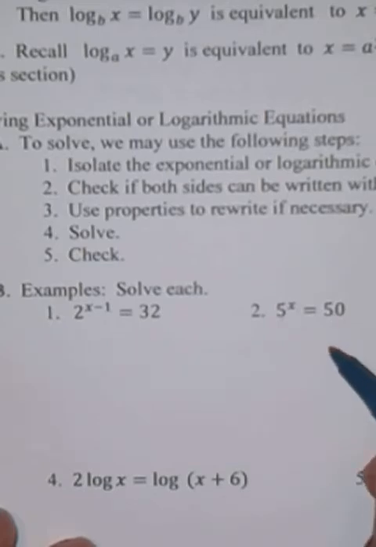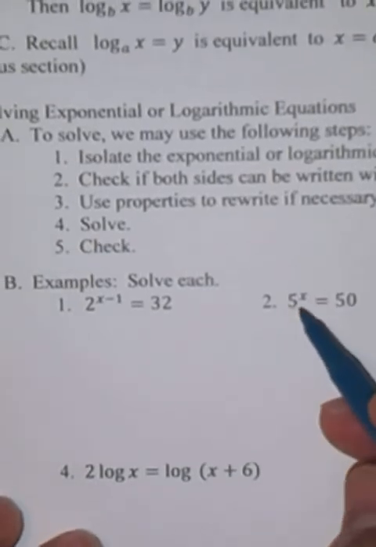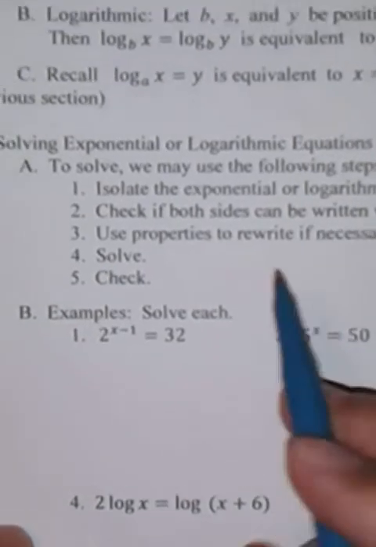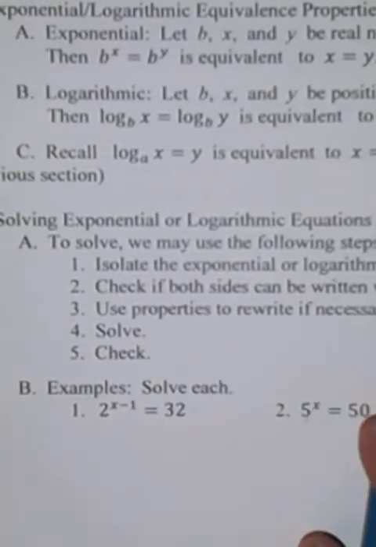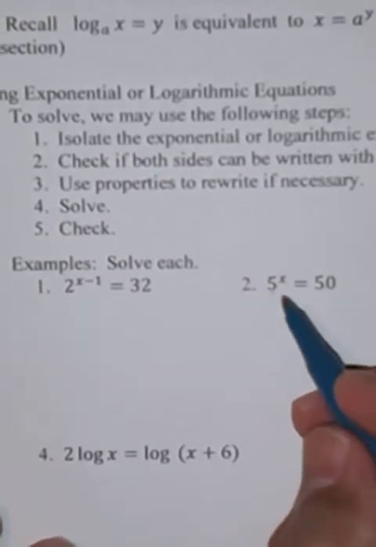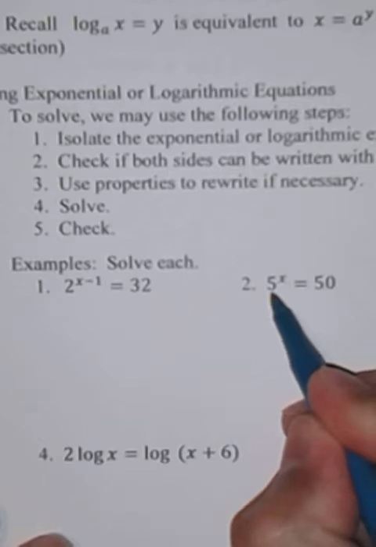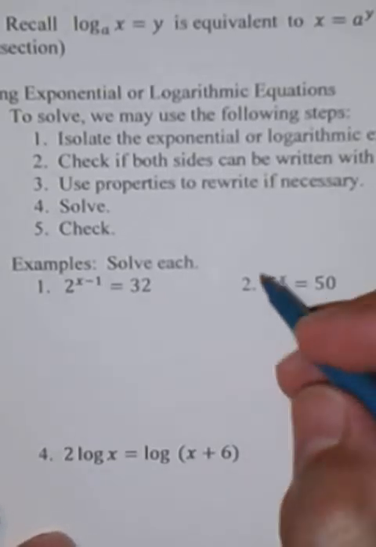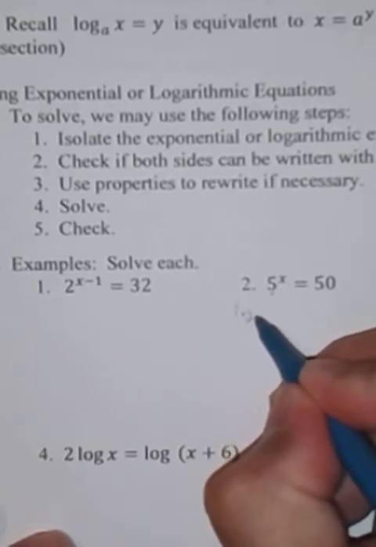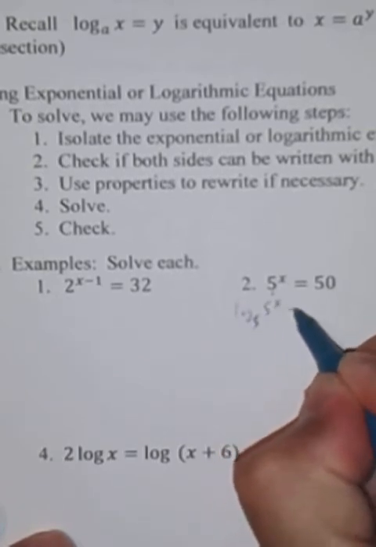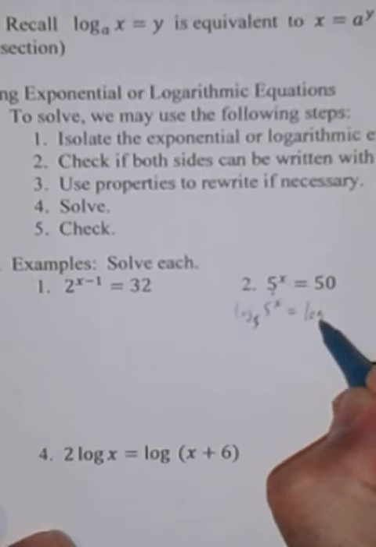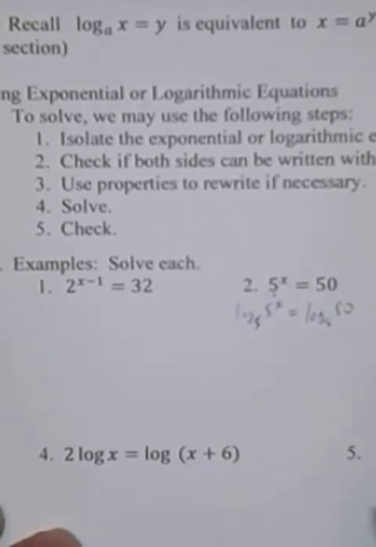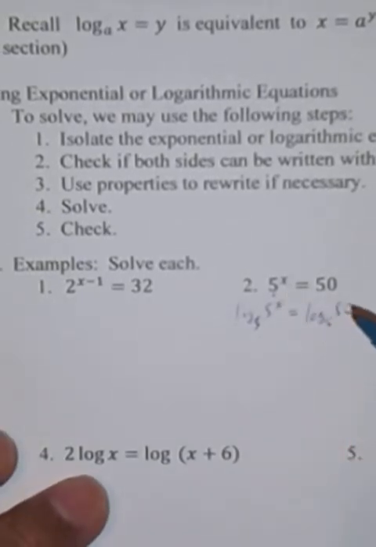I miss it. So if I can't do that, I'm going to make sure that the exponential is isolated, and take the log with the same base that is there. So it's 5 to the x, so the base is 5. I'm going to take log base 5 of 5 to the x, and that'll be the same as log base 5 of 50. And I can take log of any base, by the way, any base I want.